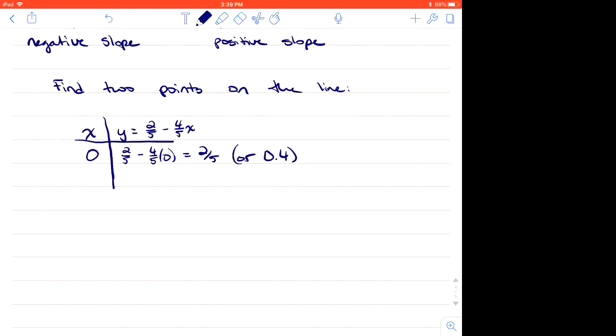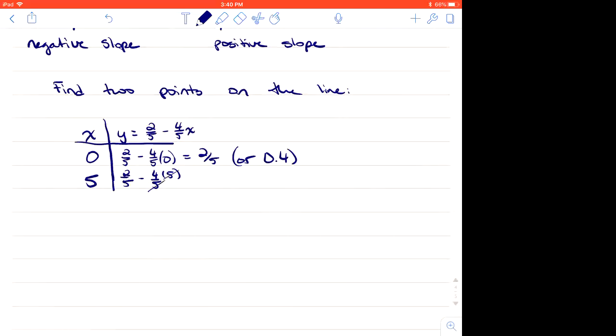So then it's just 2 over 5 minus 4, a little bit easier to deal with, which is 0.4 minus 4, negative 3.6.